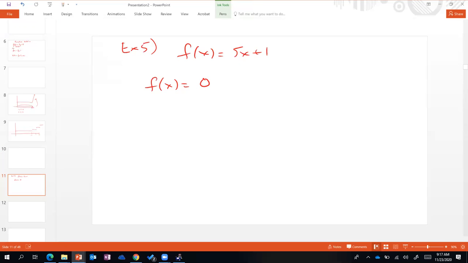So how much is 5x plus 1? Yep, so my f of x is 5x plus 1. And then I'm trying to find this. So notice it's not plugging in. It's not f of 0. It's f of x equals 0. So in this case, the 0 is on the outside of it, and we're trying to make it equal to.